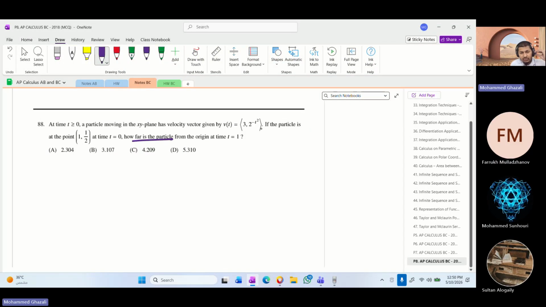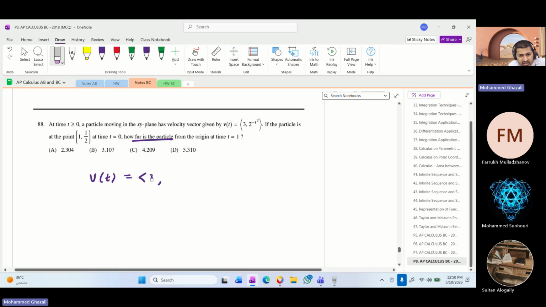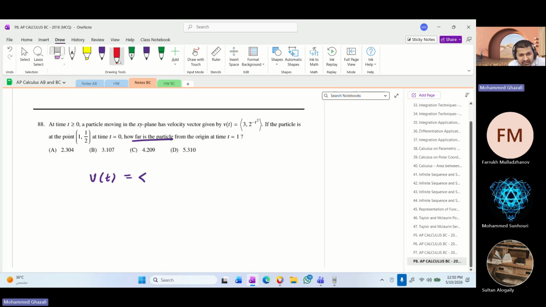Right, so let's check. How are we going to solve this? First, this is a velocity vector, right? The velocity vector v is basically x prime of t and y prime of t, correct? That represents x prime and that represents y prime.